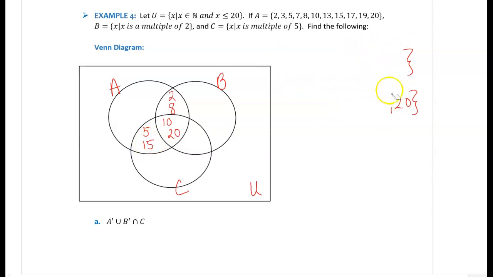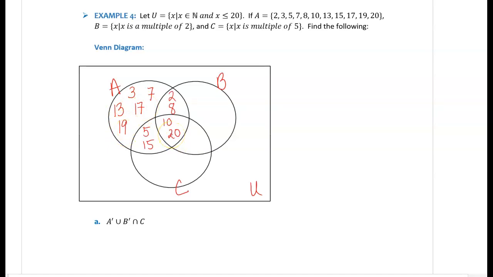Now we can look at our elements in set A. Set A contains the elements 2, which is taken care of right here, 3, which would be in the region where it's just set A, 5 is taken care of, 7, 8 is already listed, 10 is already listed, 13, 15 is already listed, 17, 19, 20 is already listed.